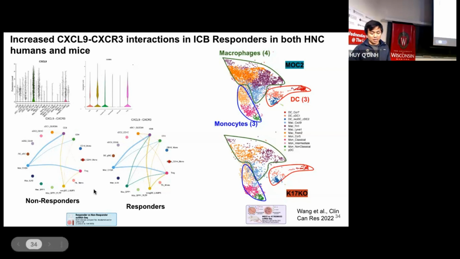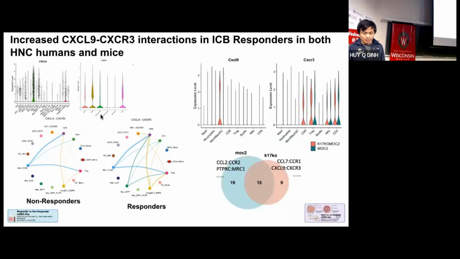So this is the human data from this publication. And then we are generating our own data, where we are able to identify a similar subset in the mouse model compared to humans. We also found CXCL9 and CXCR3 only in the mice that respond to immunotherapy, the K17 knockout here.